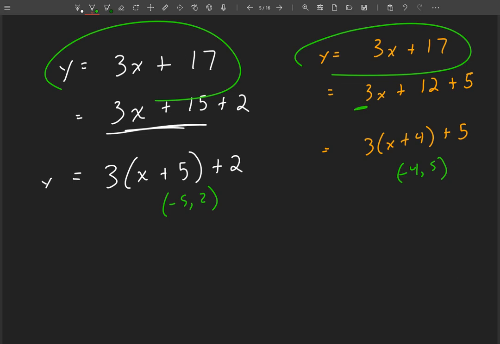All right, let's try another one. And you definitely should try this one on your own first. Okay, I'm going to assume you've tried this.